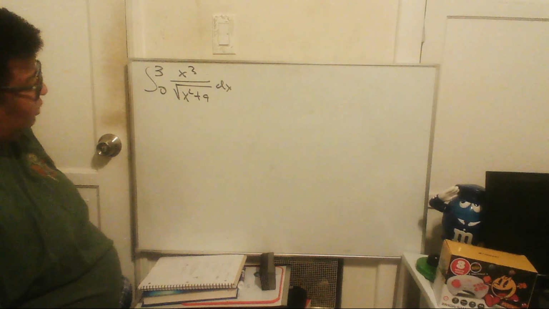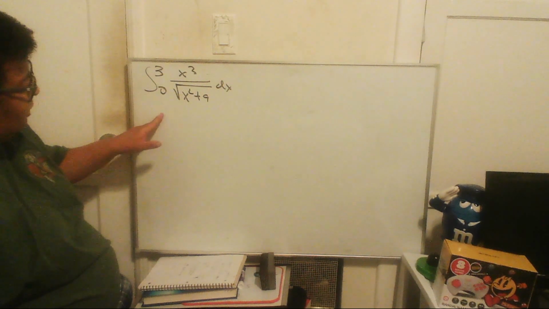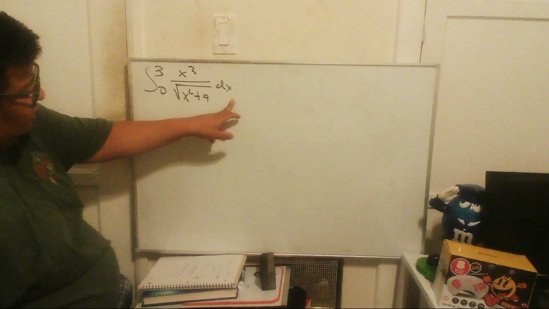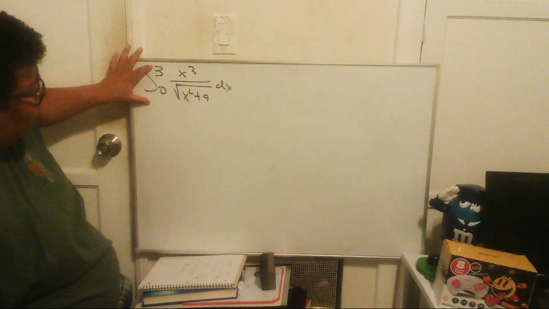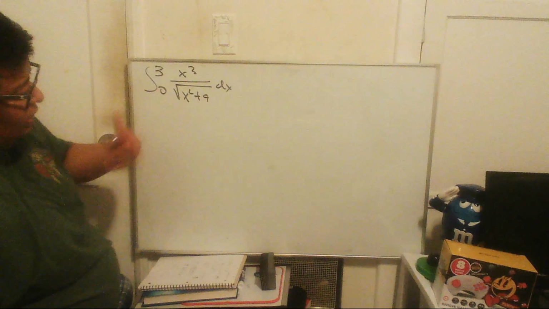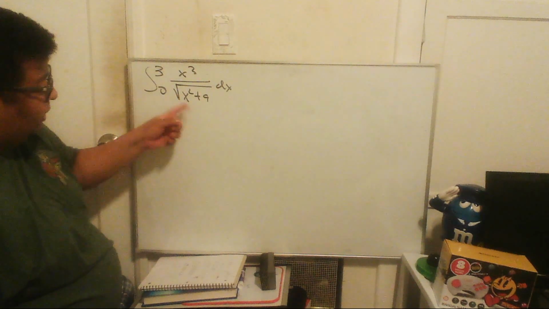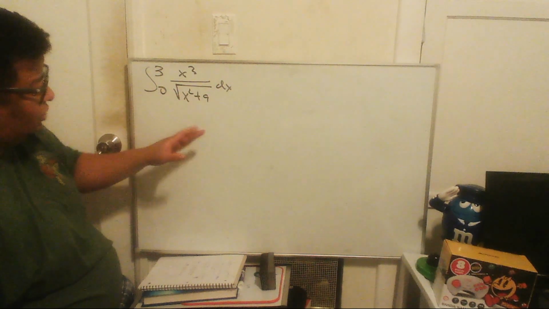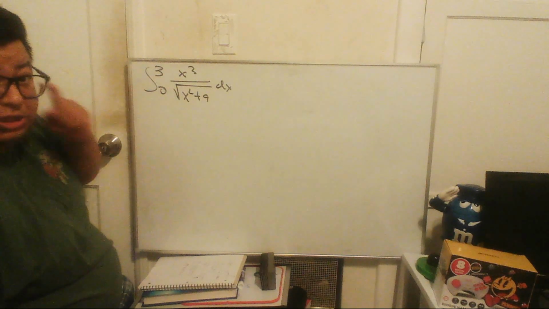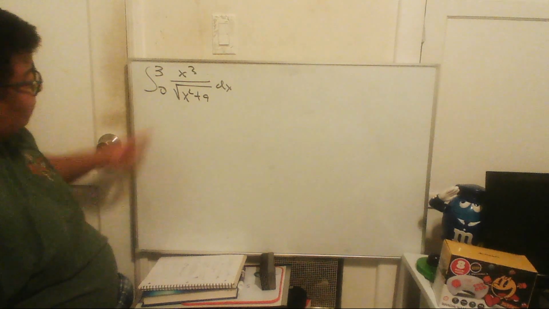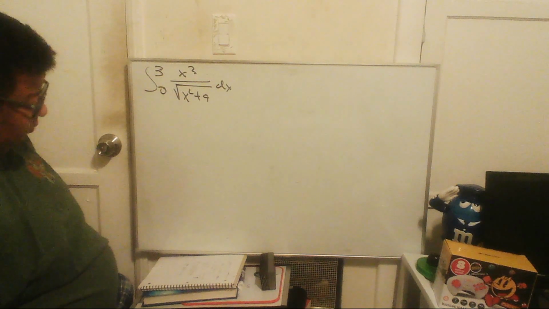So what I want to do in this video is, once I change this to d theta, make sure I change the limits to theta angles as well. At the end, instead of going back to dx, I just keep d theta and plug in the limits I changed.